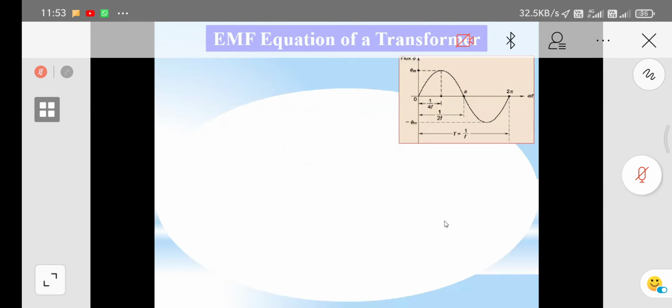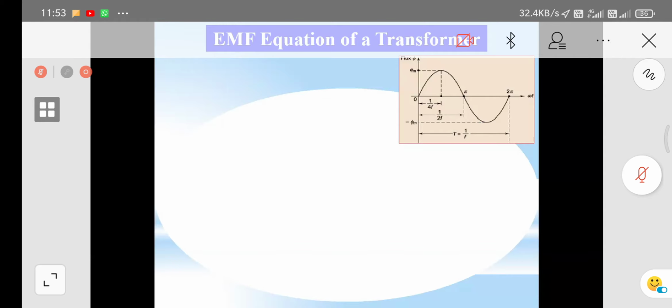According to this principle, when the input voltage is applied to the primary winding, there is an input current which flows through the primary winding. This current produces magnetic force, called electromotive force in the electrical domain and magnetic force in the magnetic domain, which drives the flux in the primary as well as the secondary.